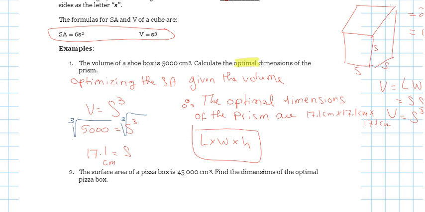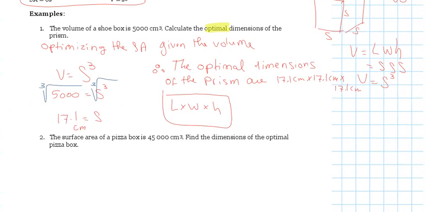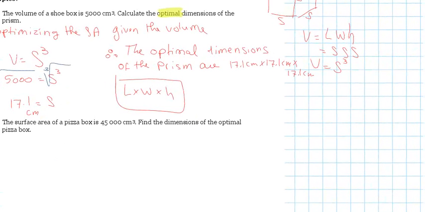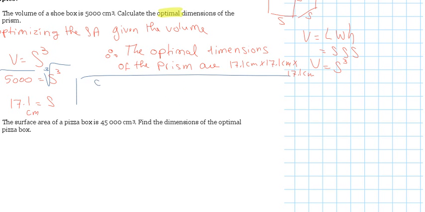If I want to add to this question and say, calculate the optimal or minimum surface area, you're going to take your surface area formula, which is 6S squared, and then you're going to replace S with 17.1 because that is my optimal dimension.